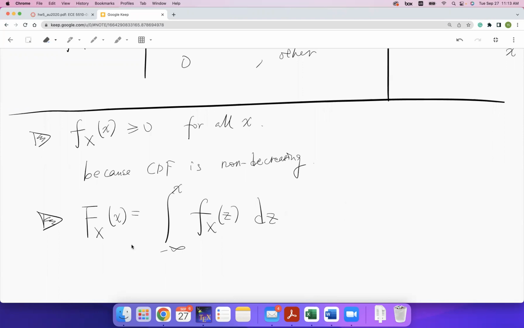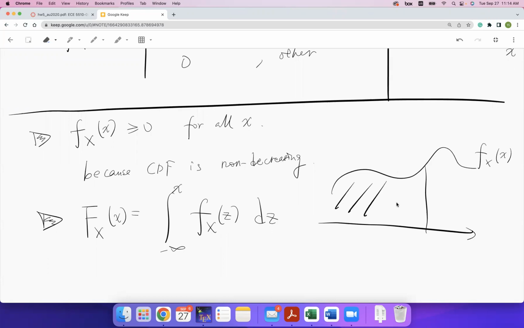Because the PDF is defined by taking the derivative of the CDF, working the other way around, the CDF should be the integration of the PDF over this interval. So intuitively, if this is the PDF, then the CDF is defined by integrating this PDF over x.